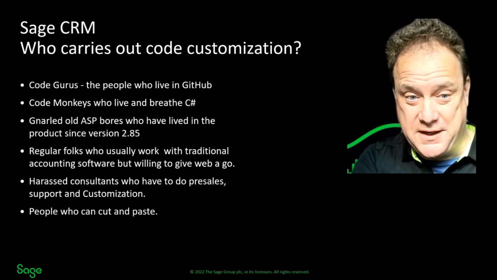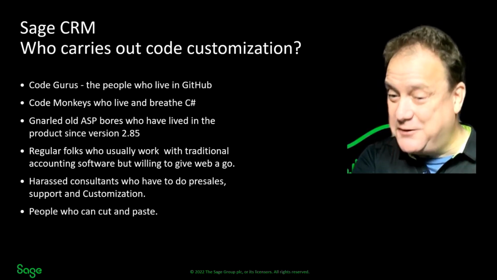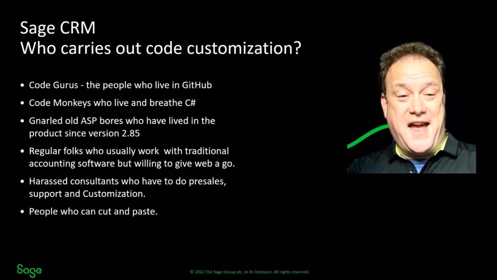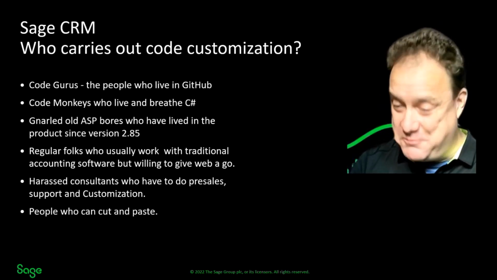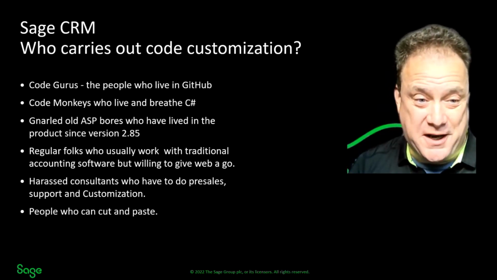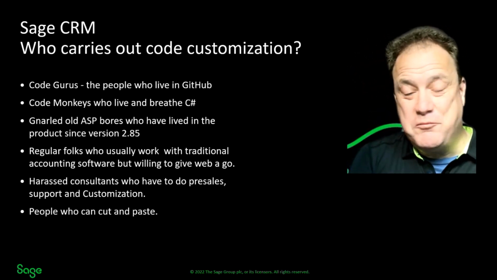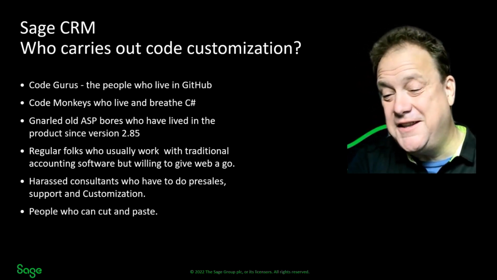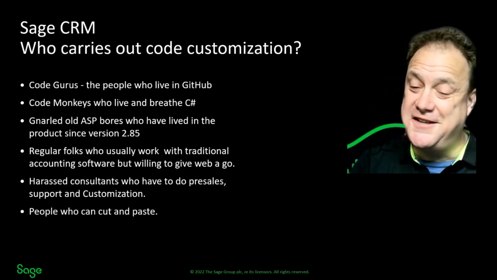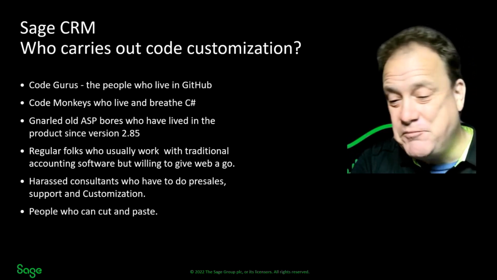There's a recognition that not everyone that works with Sage CRM is a code guru, somebody who does a lot of development all the time. Some people are perfectly used to working with coding languages like C#, if they are into .NET development.